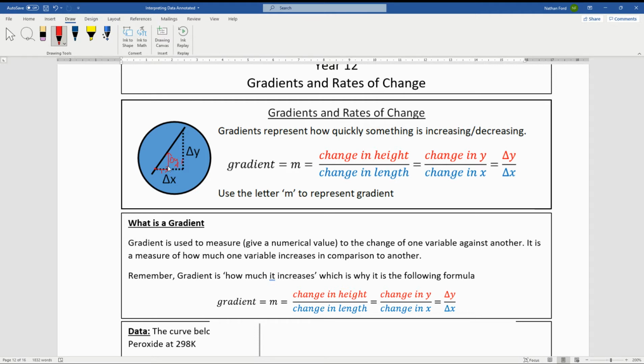So if I have a gradient of 3, that means that one value across the bottom means I'm going to go 3 up for whatever I'm measuring. If I was thinking about the gradient of a hill, that means that for every 1 foot across, it's going to go 3 foot up, which is quite steep.